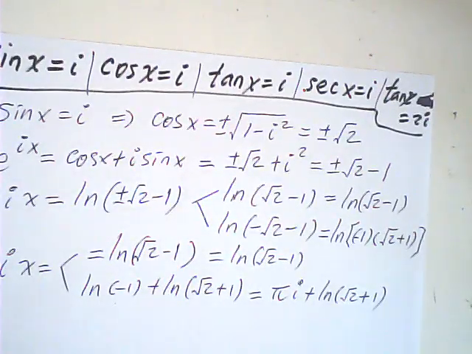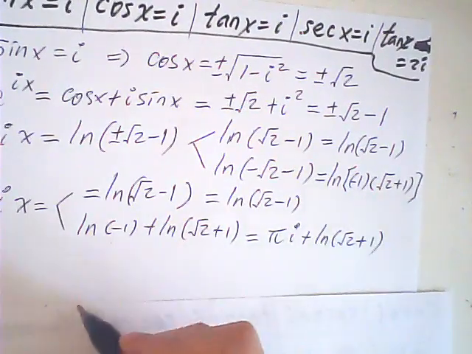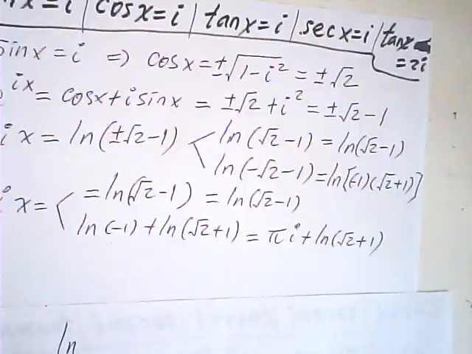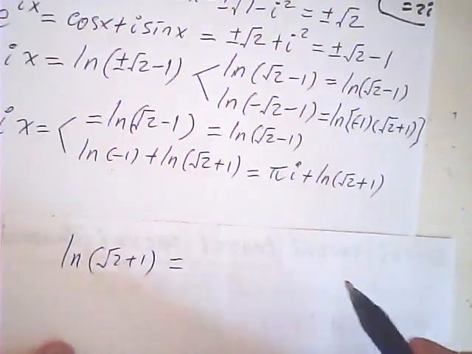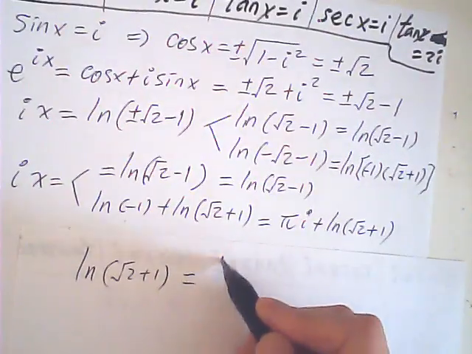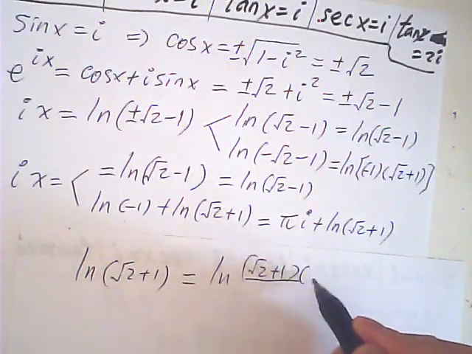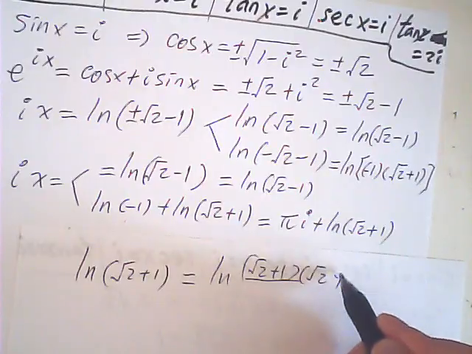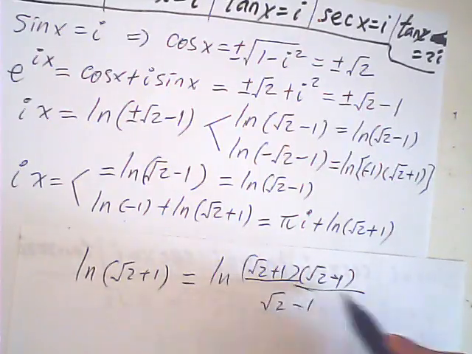Now, log root 2 plus 1 is equal to log of root 2 plus 1 times root 2 minus 1 divided by root 2 minus 1.